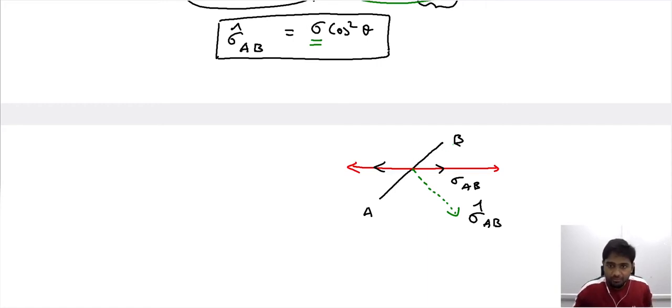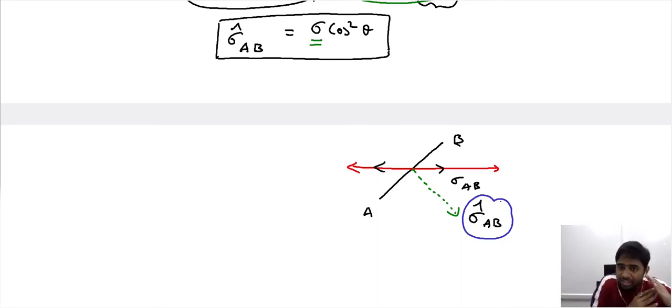You have the region of interest, and we can consider a direction perpendicular to it, and we have calculated the stress along that normal, the perpendicular direction of our region of interest.